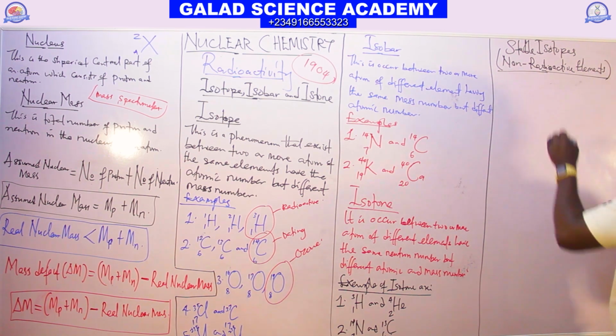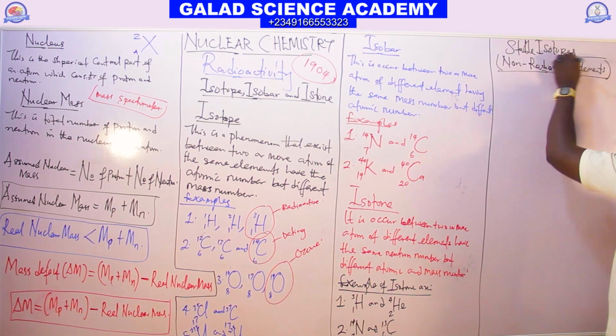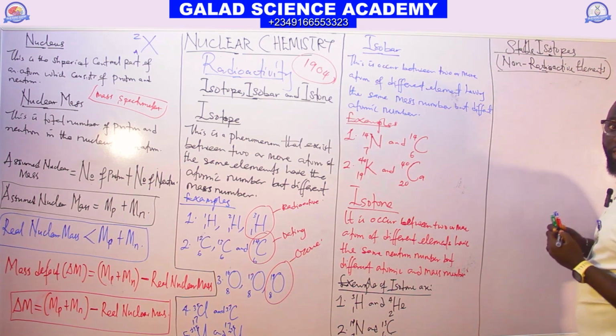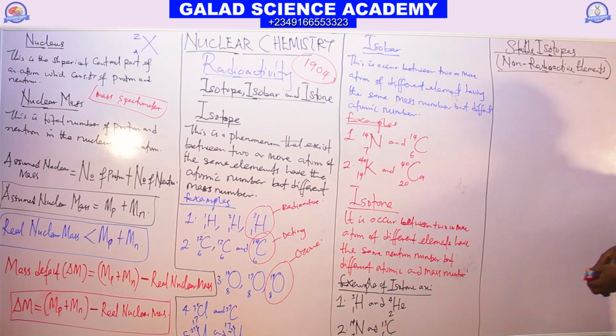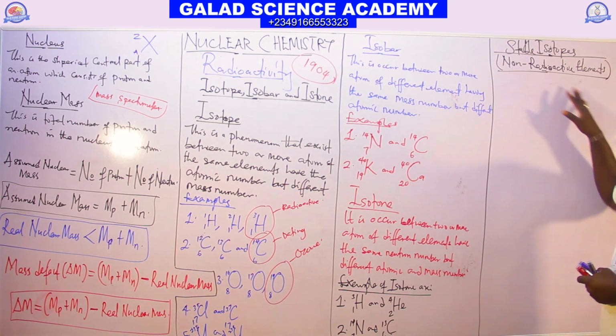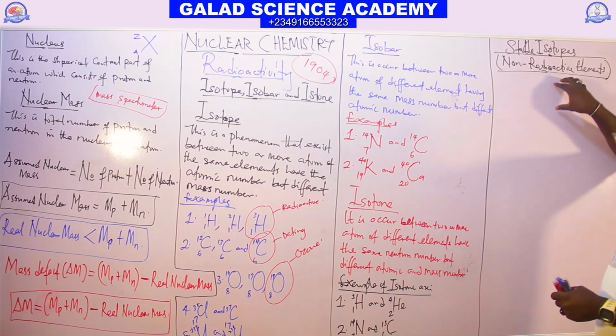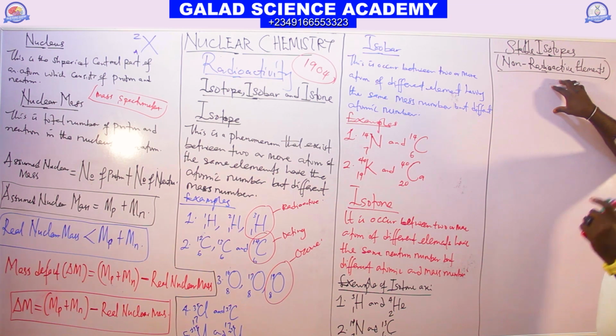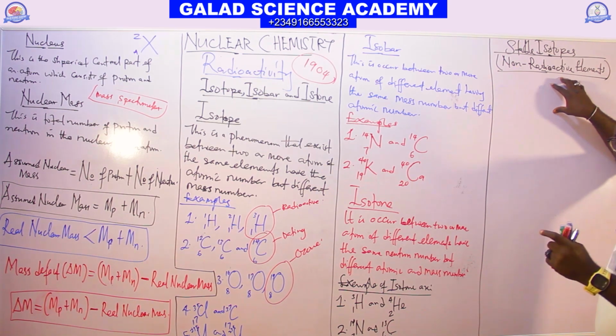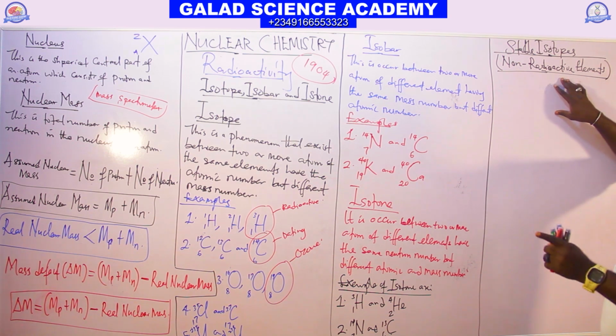So the stable isotope elements are also called non-radioactive elements. They are elements with stable nuclei, which cannot emit radiation, and they do not undergo radioactive decay.